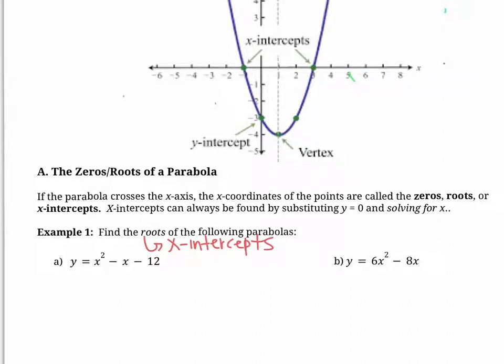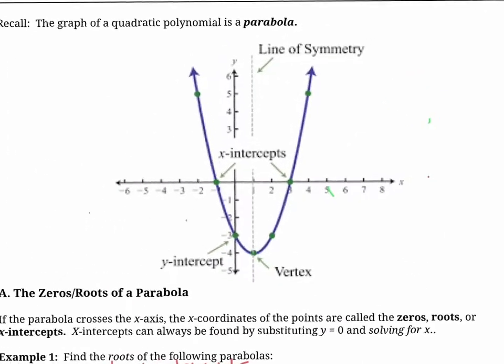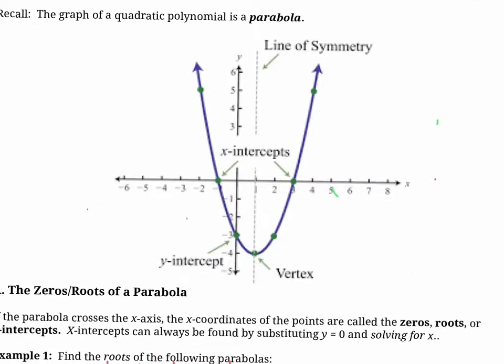We just have to figure out what we know about x-intercepts. Let's take a look at this picture of a parabola. These 2 points have something in common. All x-intercepts, their x values will change, but what is the y value of an x-intercept? The y value of this point here is 0, and the y value of this point here is also 0.